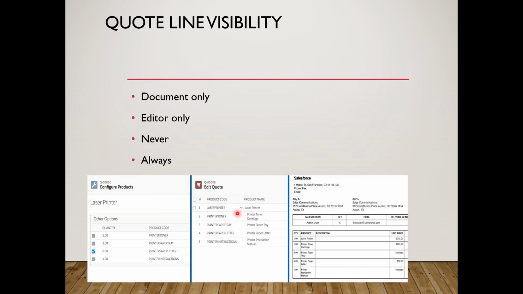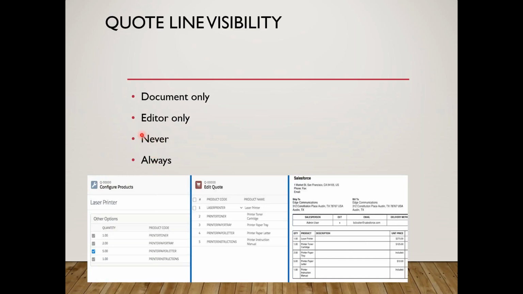For example, a bundle can be displayed on the quote line editor screen, but it should not be added to the generated PDF, because from the customer's standpoint it's not adding any value. But from the editing side, you need it. So Editor only means it will display on the edit quote screen and configure quote screen, but not on the generated PDF.